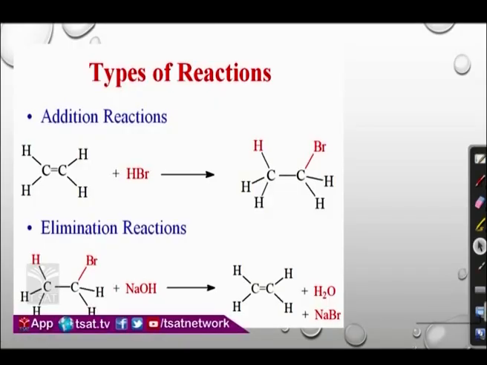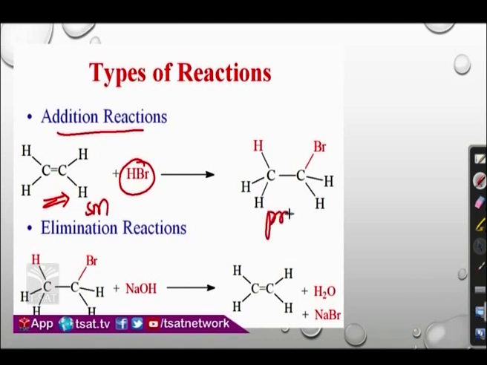Okay. So, basically organic reactions are of four different types. The first one is addition reactions, where a molecule is added to another molecule, which is a starting material, resulting in the product molecule. The product formation happens by the addition of one molecule to another, resulting in a new molecule.